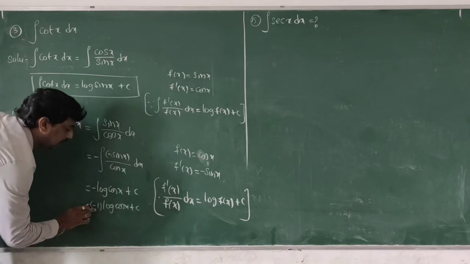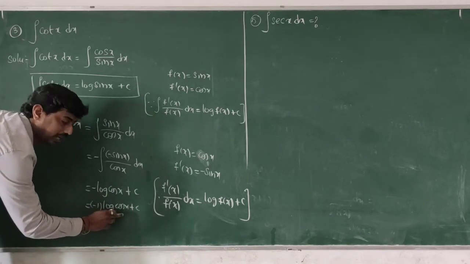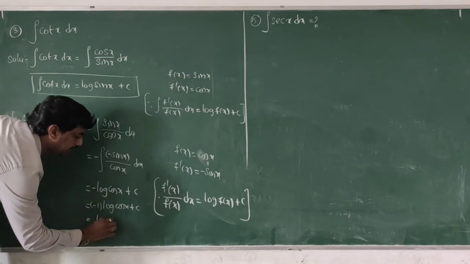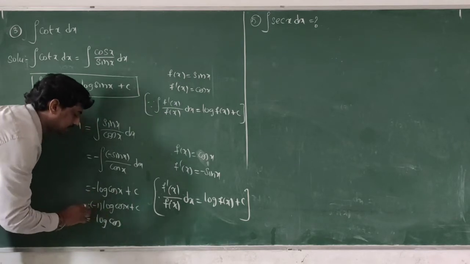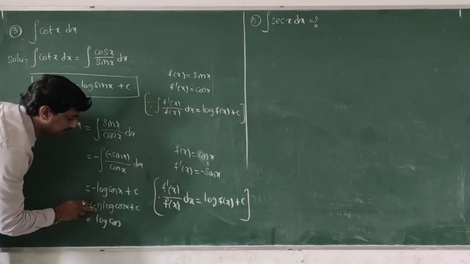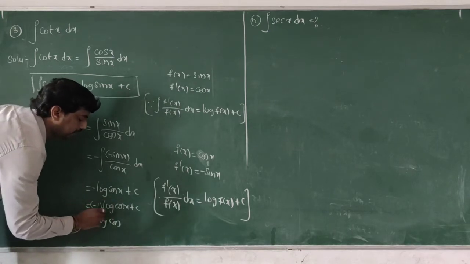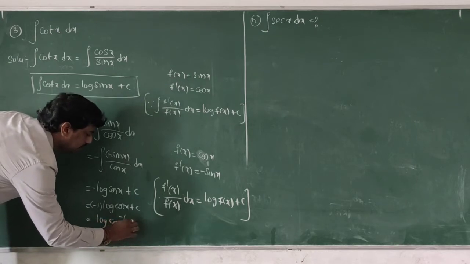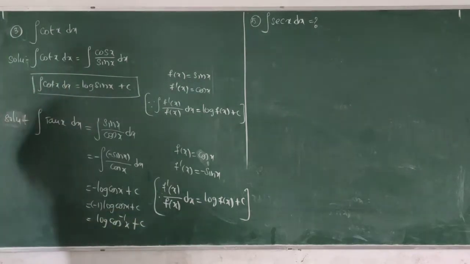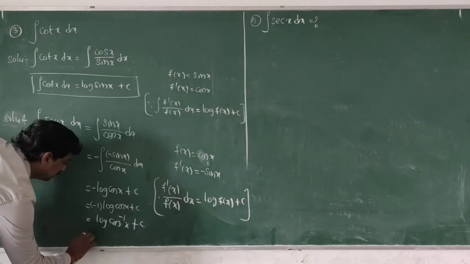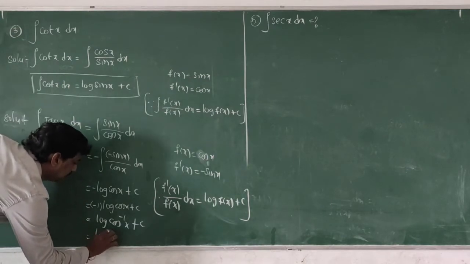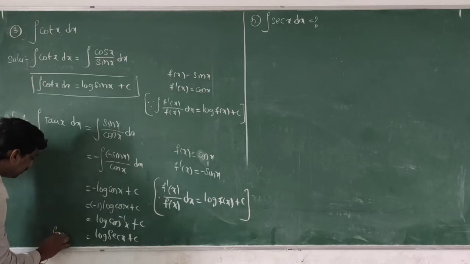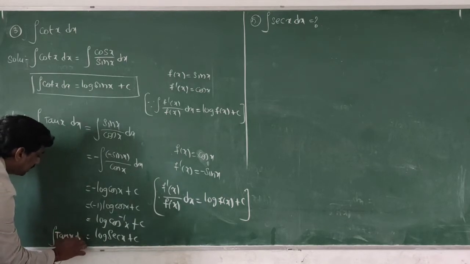Using the formula m log a equals log a power m, the minus goes into the power, so we get log of cos inverse x. What is the inverse of cos x? Secant x. That's why it is log secant x plus c. That is the formula for integration of tan x dx.